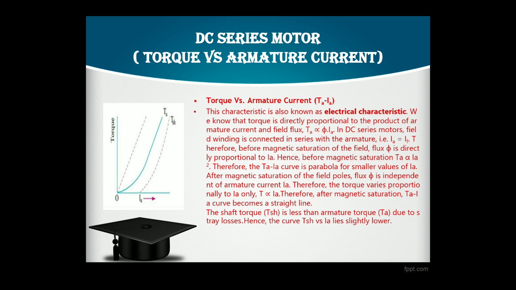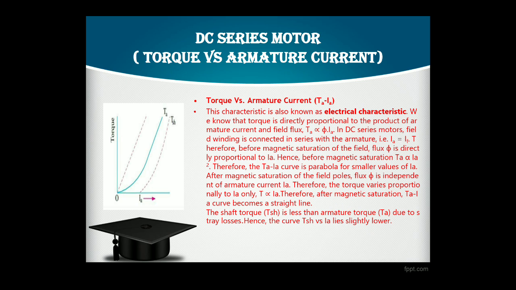We know that the torque is directly proportional to the product of armature current and field flux, that is T proportional to phi Ia. In a DC series motor, the field winding is connected in series with the armature, so the Ia is the IF or field current.